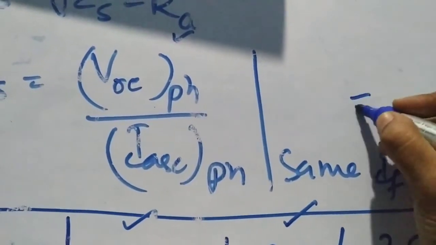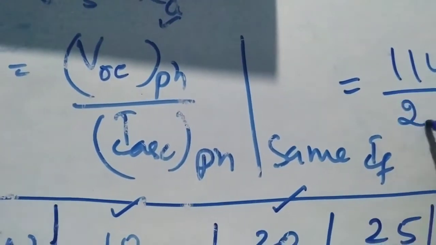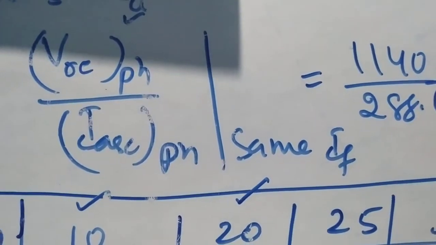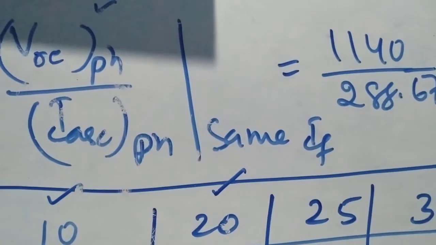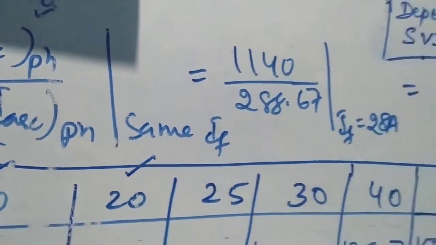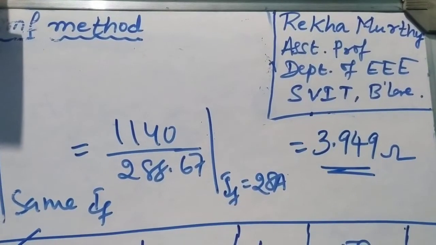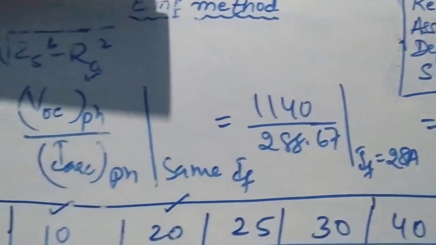So that value will be equal to 1140 divided by 288.67 for the same value of the field current, that is IF equal to 28 amps. After solving this we get the value as 3.949 ohms. So that is ZS.